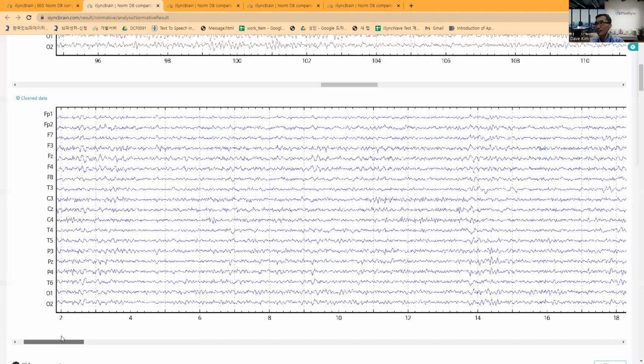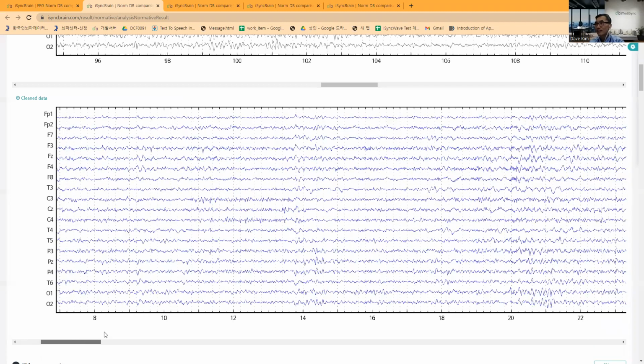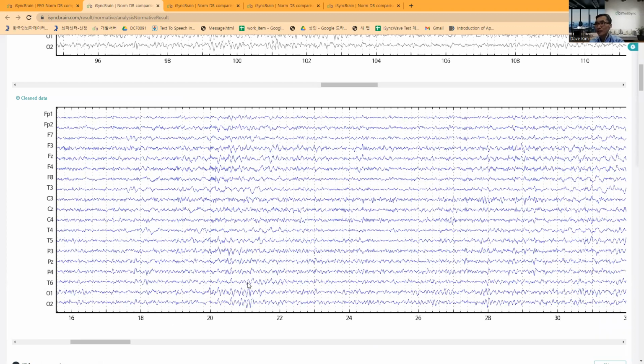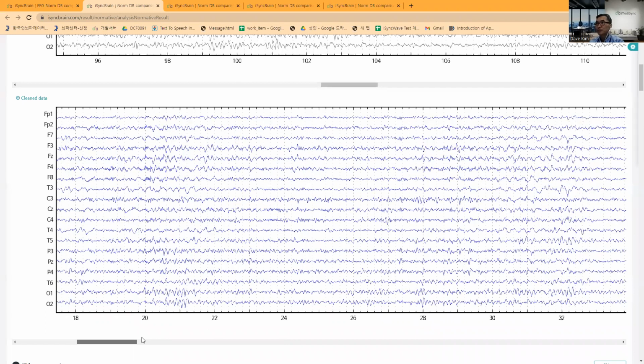We can easily identify that the width of the alpha activity and theta activity is quite different. And there is a lot of theta activity, but alpha activity is still very active, and also a kind of beta spindle activity is coming together with this kind of theta activity.